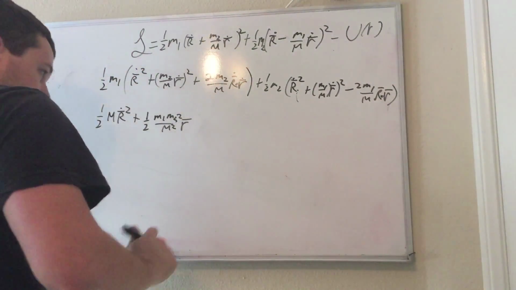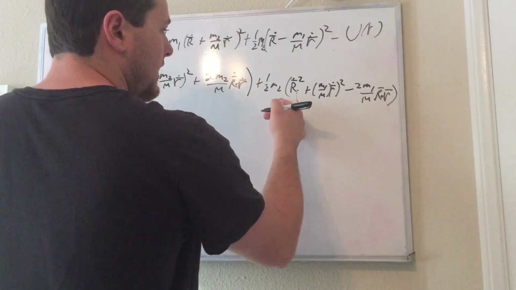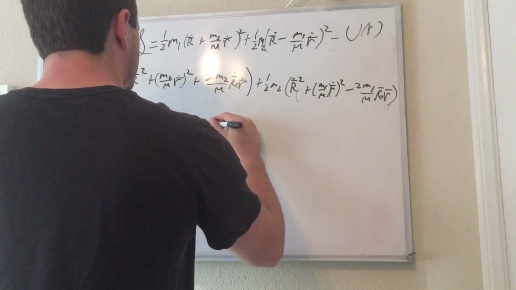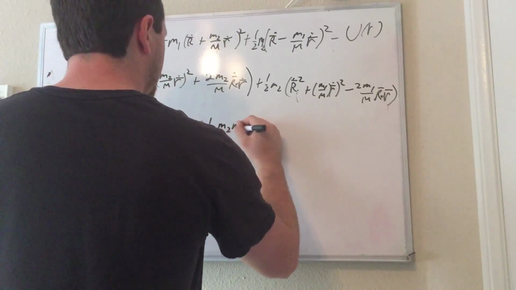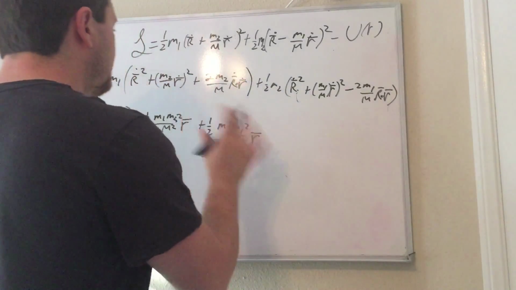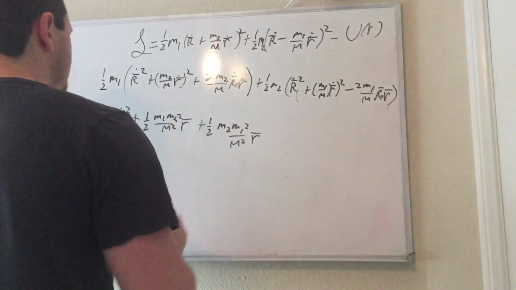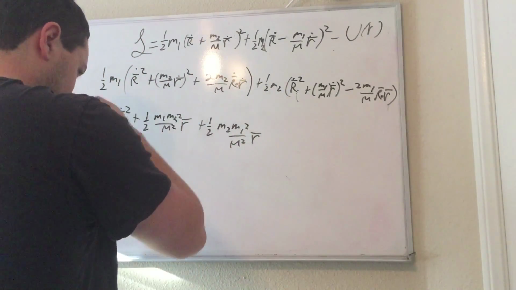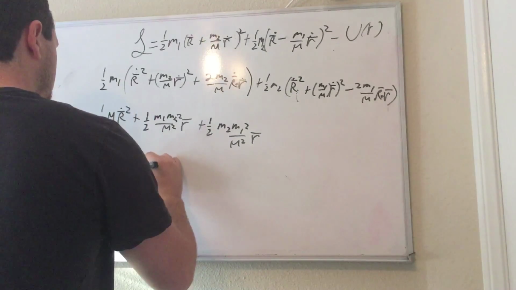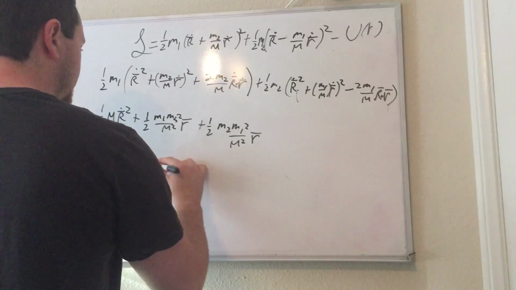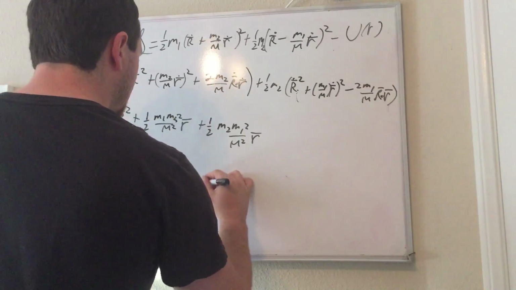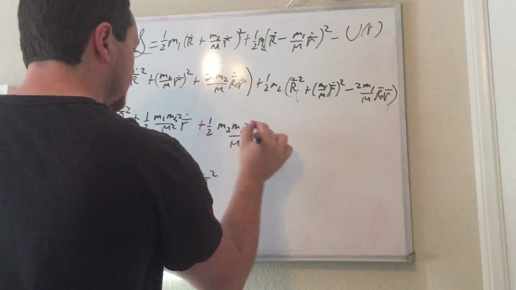And here, now, this right here becomes plus 1/2 m2 m1 squared over m squared r. We can factor this a little bit and say that this is 1/2 m r dot squared plus 1/2 m1 m2 over m r squared.